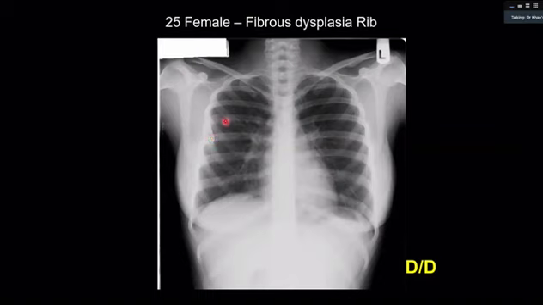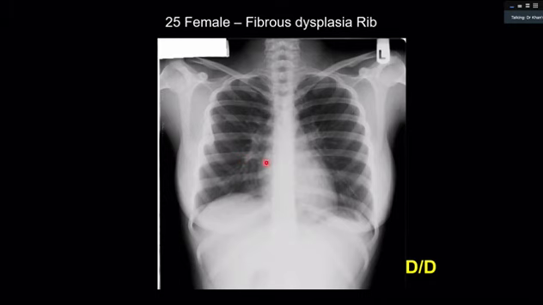Right. So there is a bit of expansion, and with that expansion there is no destruction. Expansion with destruction means something else, and without destruction means something else. Usually malignant lesions will not expand like this, they will just destroy before expansion.